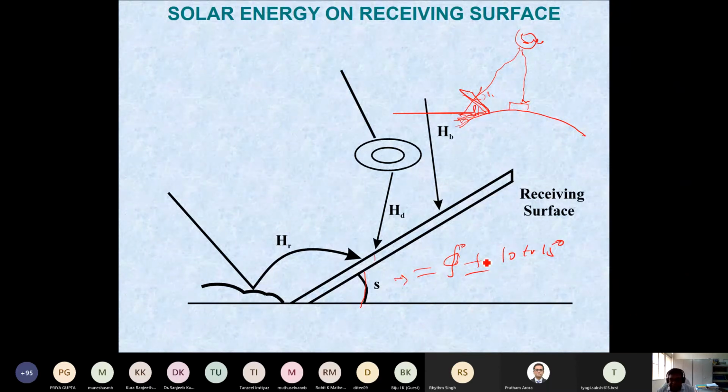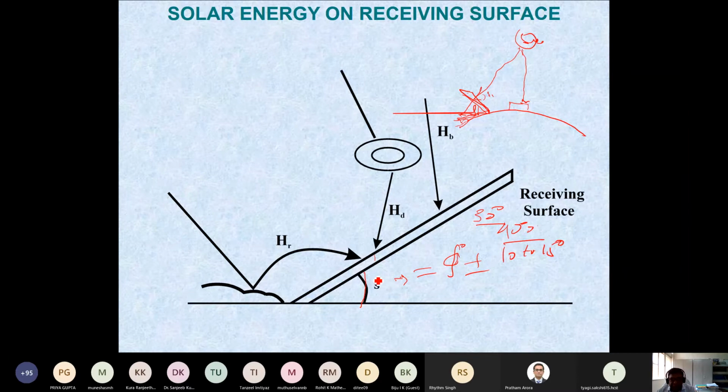Here I take the example that the latitude of Roorkee is around 30 degrees, so most of the systems at Roorkee are fixed tilt systems at around 40 degrees.